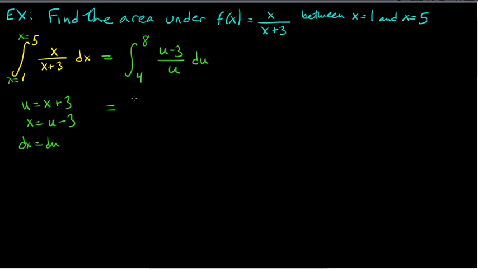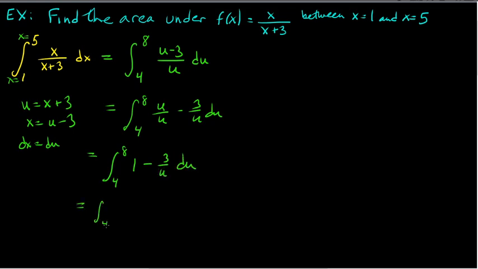Right? So how do we integrate this? Well, split it up, right? We get u over u minus 3 over u, which of course is just the integral of 1 minus 3 over u. And then you can integrate each one separately.